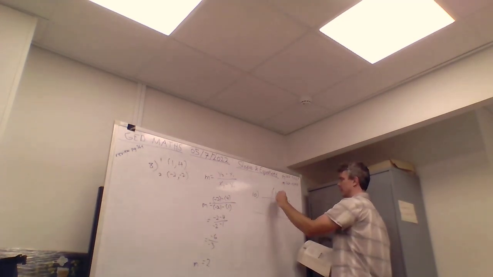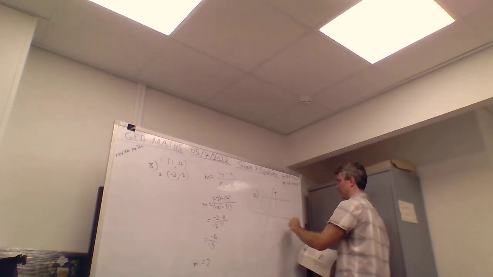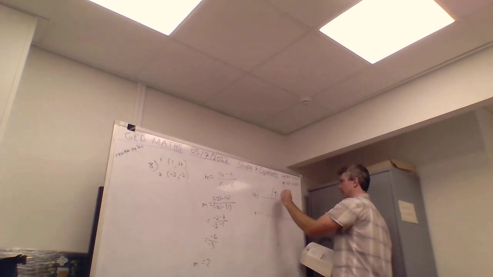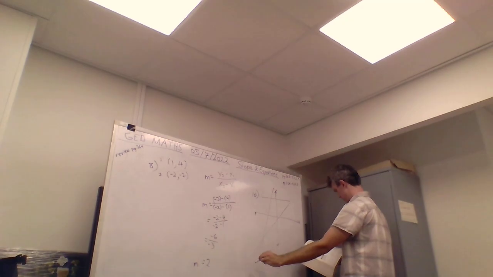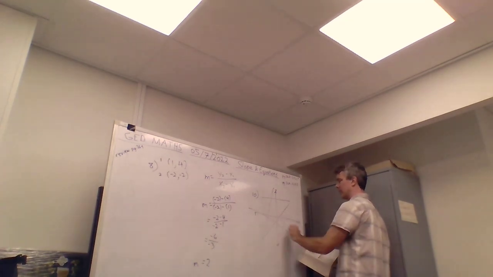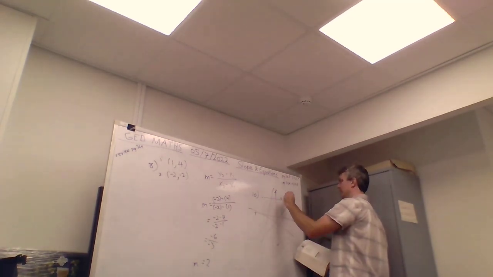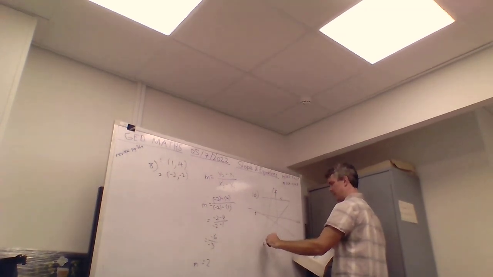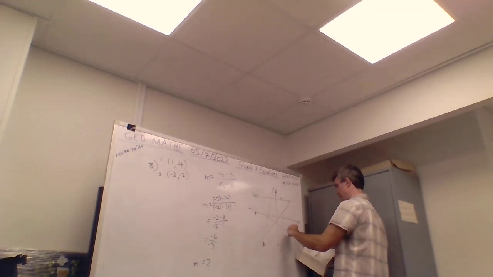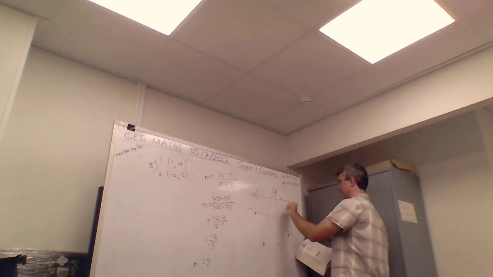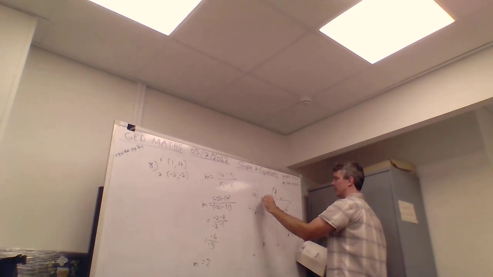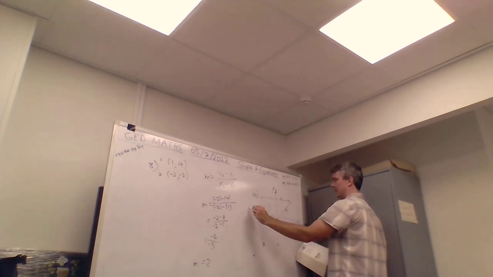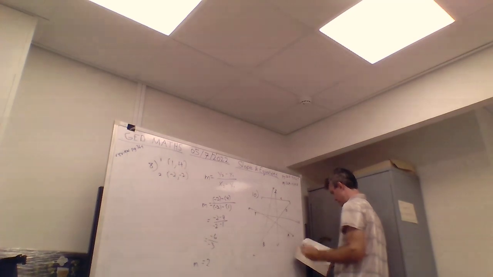This is X and Y. And we have this one coming like this, and we have this one coming like that, right? C, B, A, and D.